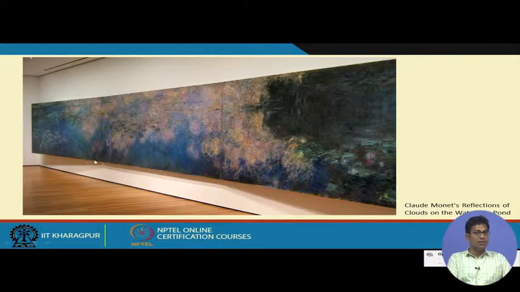It is some amount of colors, some swatches, but what he depicted over here is the reflection of clouds over a water lily. So, you are not seeing a real pond with a reflection of clouds and the water lilies, but what you are looking at is an image of that through a person.